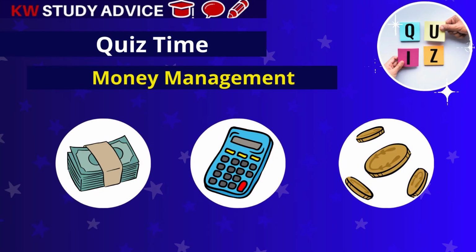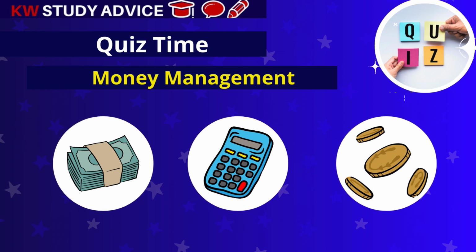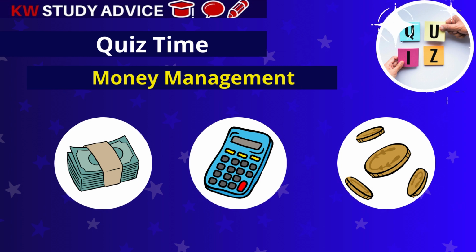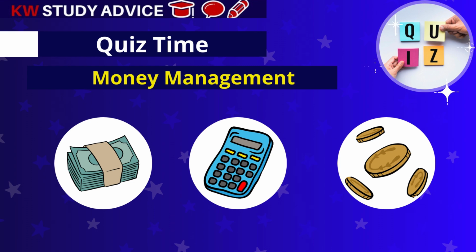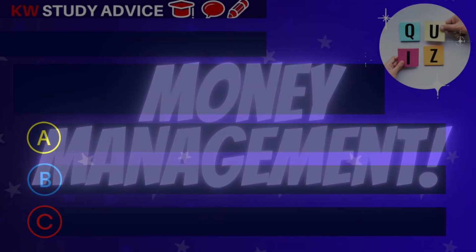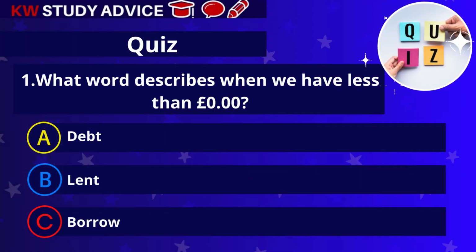Now it's time to test your knowledge with our weekly quiz to see how much of today's lesson you can remember. We will ask you 3 questions on the vocabulary we have learnt in this lesson. Question 1.